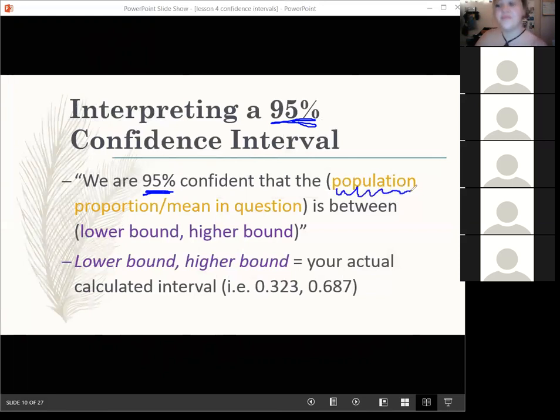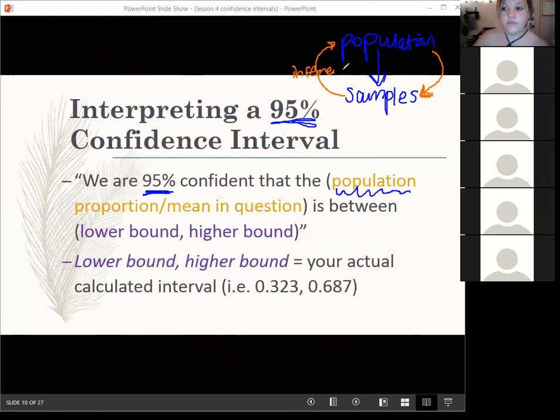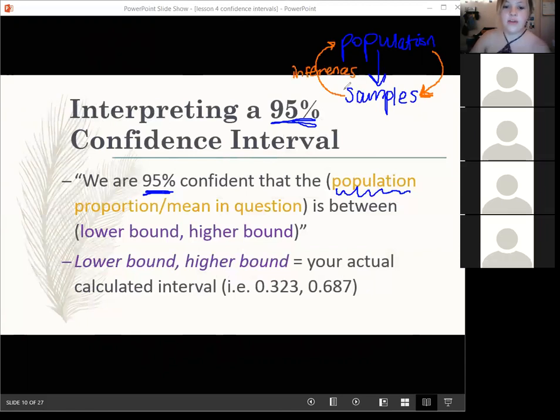Okay, so remember, I wrote this out before. We have populations, and then from that we get samples, right? So our population, remember, that's where we get these samples from. And you'll see me write this out all the time. And then from our samples, we make inferences about the population.